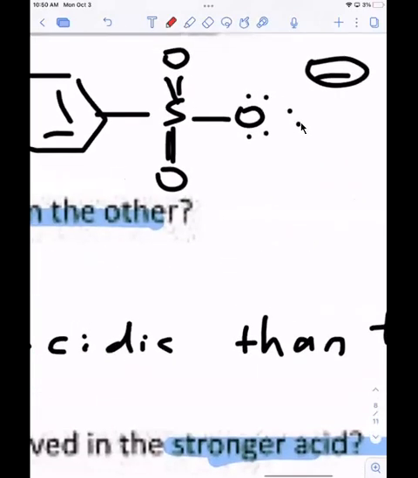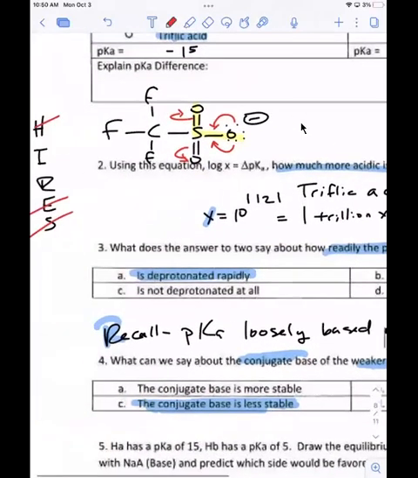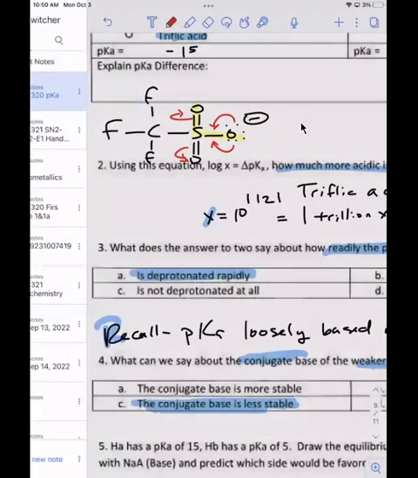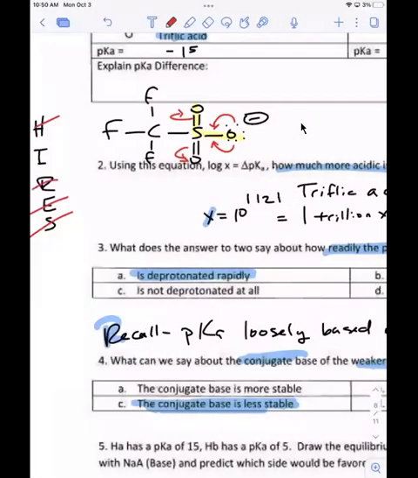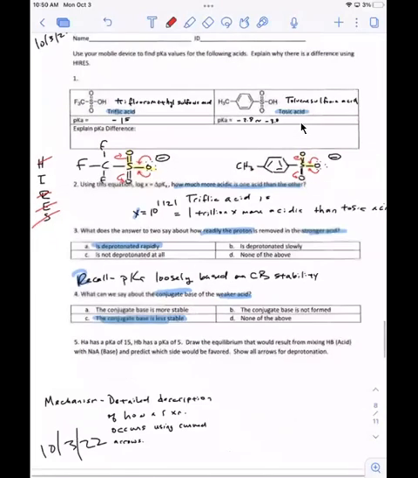Can I do that over here? Same pattern? Yes, you can. I can push those electrons either way. So resonance is not an advantage. So what do you think the difference is going to be based on? It's based on resonance because that's a delocalizing mechanism, right? We can delocalize electrons that way. So we can use resonance, but both of them can do resonance.